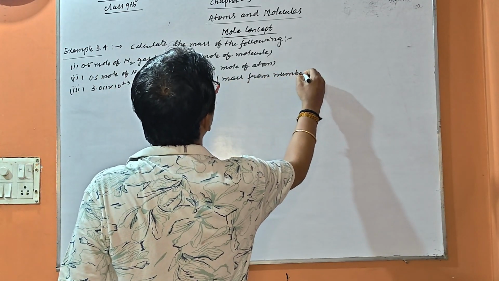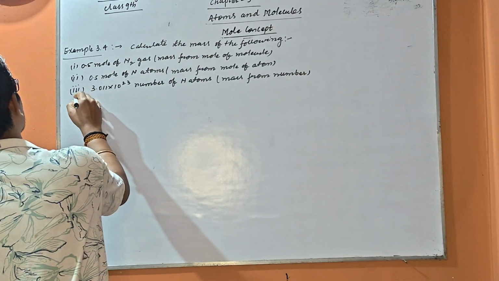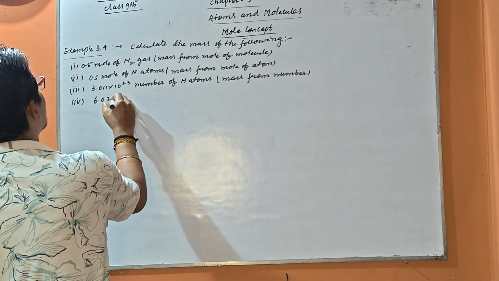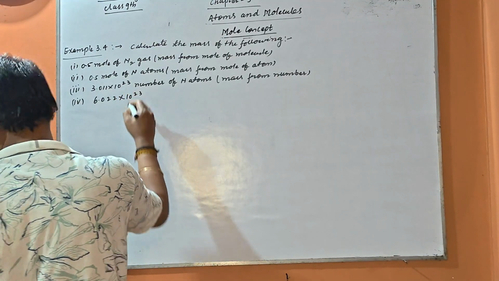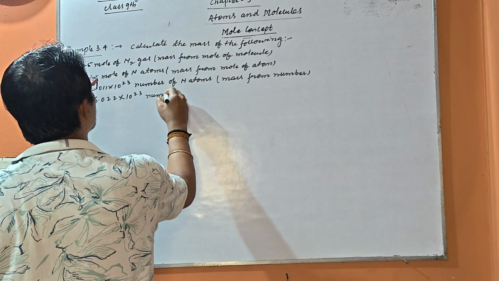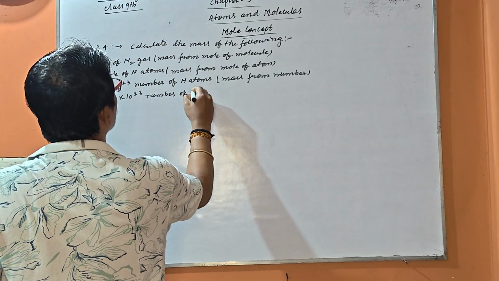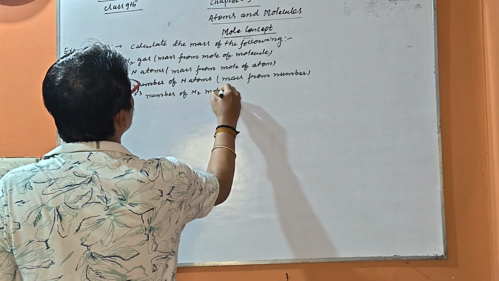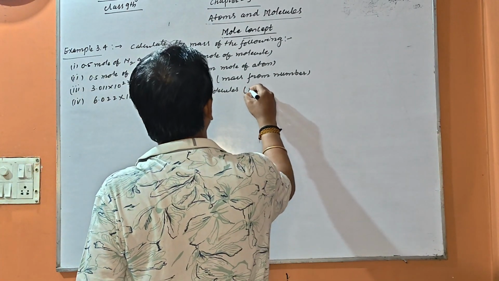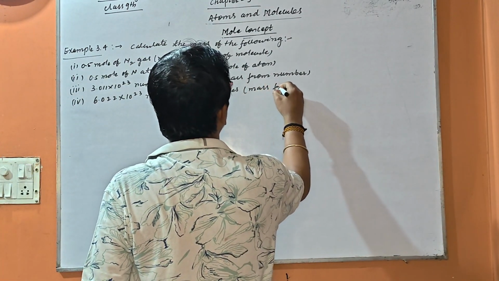And the last question is question number 4. They are going to ask you 6.022 into 10 to the power 23 number of N2 molecules, mass from number also.